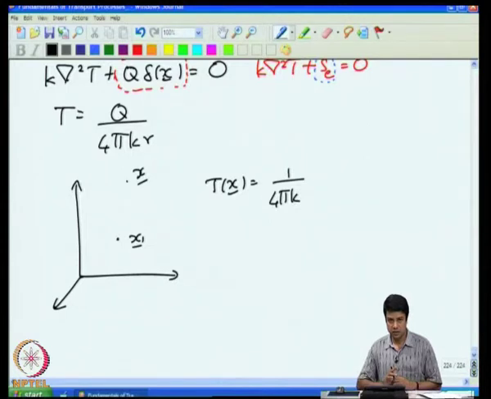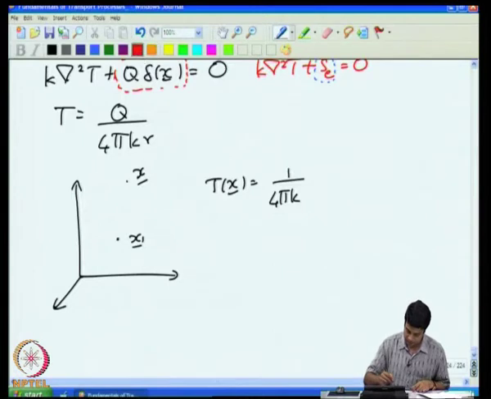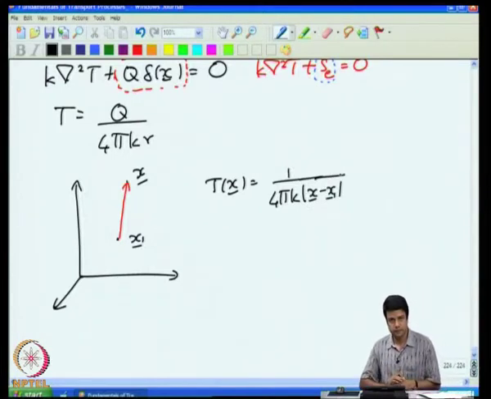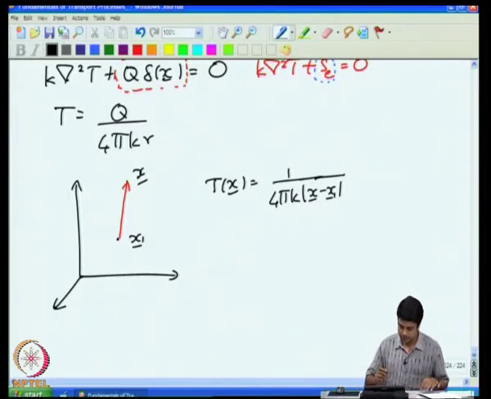If you recall, r was the distance between the position x and the origin in the previous case. That was because the source was at the origin in the previous case. Here the source is at a location x1. That means that the temperature has to be proportional to the distance between these 2 points. In other words, the temperature has to be equal to q1 by 4 pi k into the modulus of x minus x1. So, this is the temperature field for a source that is not located at the origin.